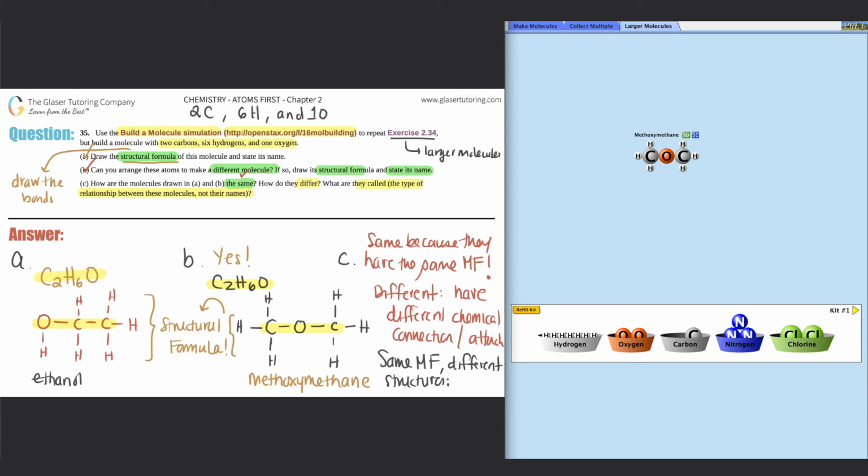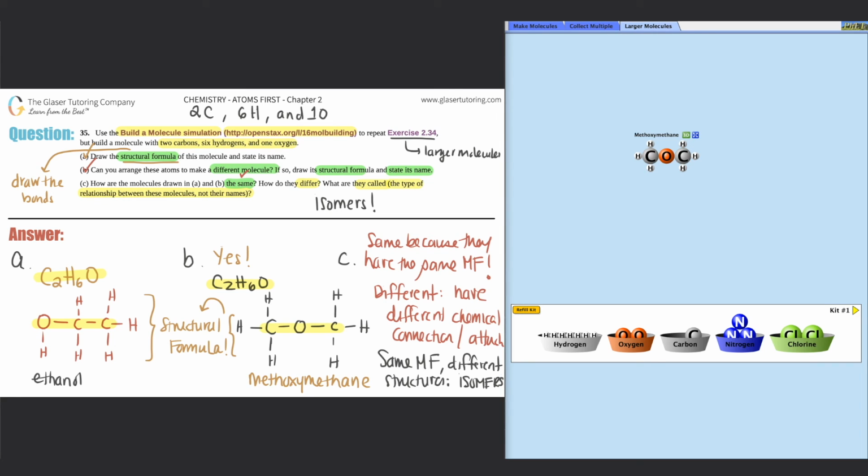These are called isomers. I'll just write it up top here. Isomers is when you have the same molecular formula, but different structural formula, different connections between them. So that's the relationship between them.